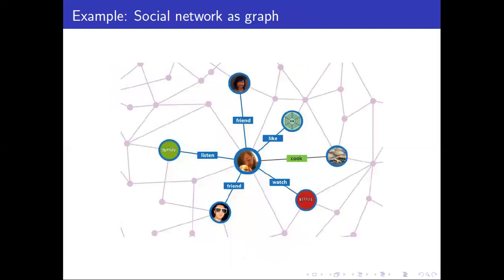So the typical graph that is interesting is a social network graph. As I said, you can think of a user as a node, and then you can have an edge if I'm friends with someone. Notice the possibilities are many. For example, a very simple graph where nodes are users and we connect them if there is friendship. But with a graph neural network, you can be more complicated. There could be different nodes and different edges.